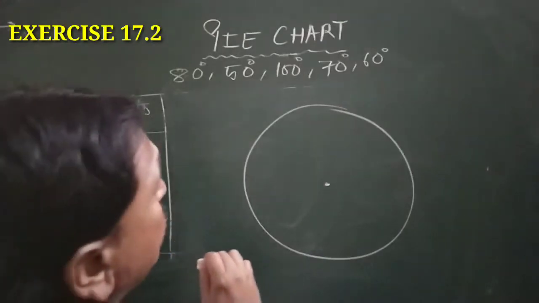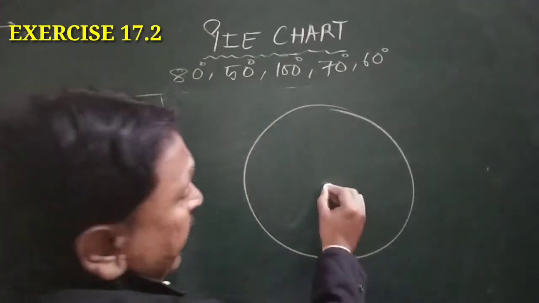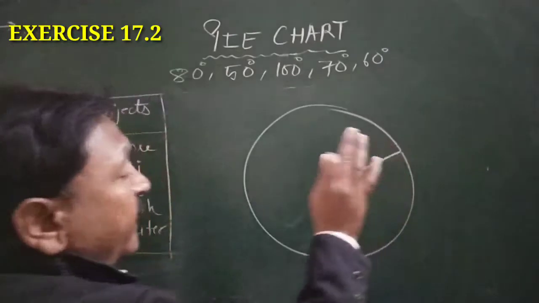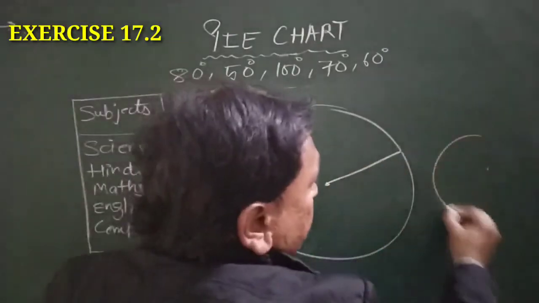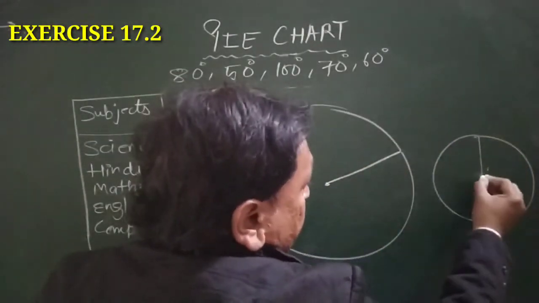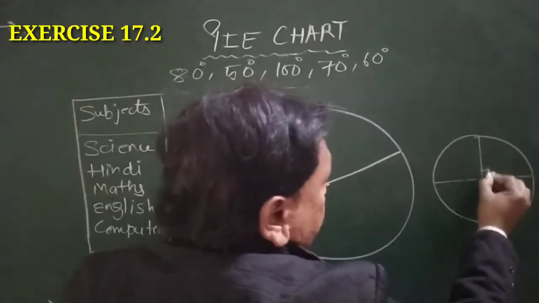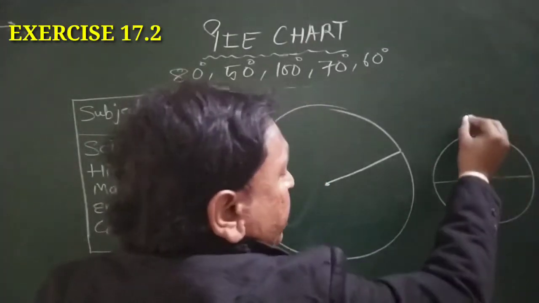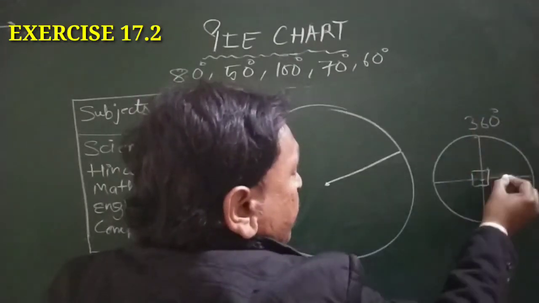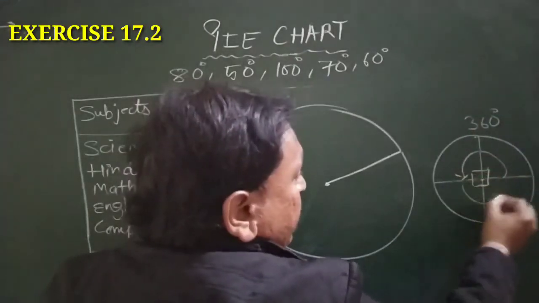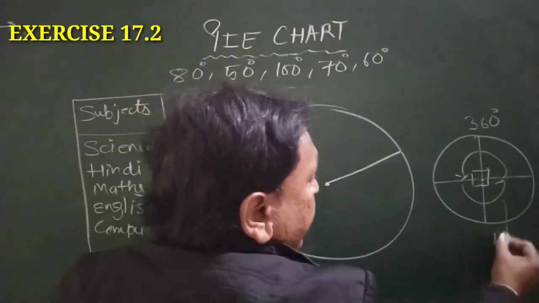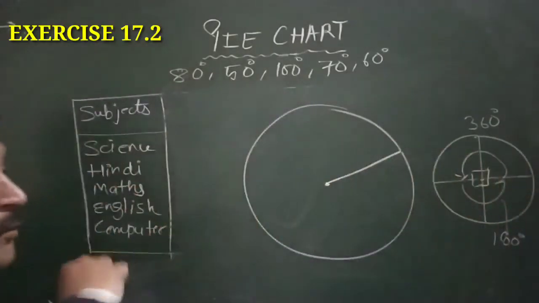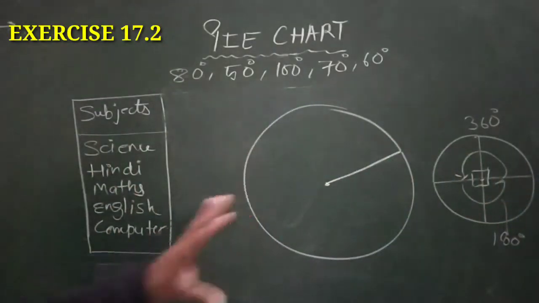Now first of all we have to take any radius. We all know that this is the circle and this is the center, then this is 90, 90, 90, 90. Complete is 360 degrees, and up to here it is 180 degrees, and up to here also 180 degrees. So accordingly we have to mark our angles.